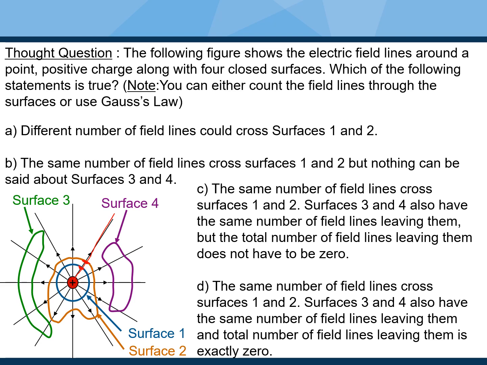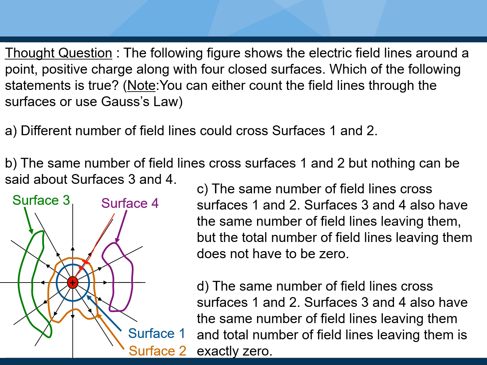Now we've solved this part of the problem in an extraordinarily pedestrian way by counting field lines. But it's also possible to solve it in a slightly more sophisticated way by using our nascent knowledge of Gauss's law, where you can argue that the blue surface and the orange surface, namely surfaces 1 and 2, both enclose exactly the same point charge.